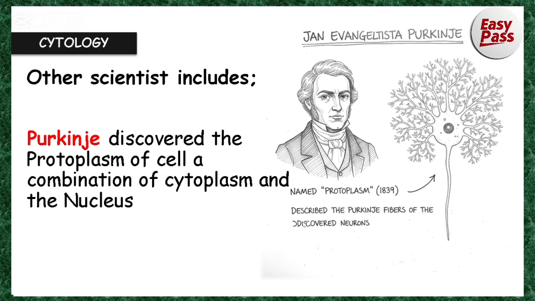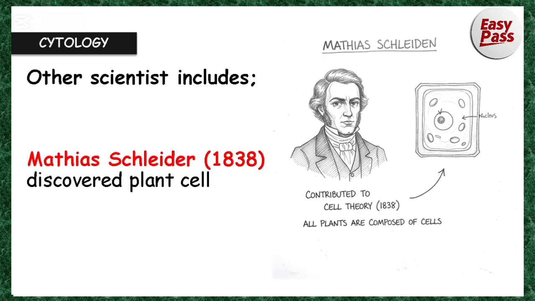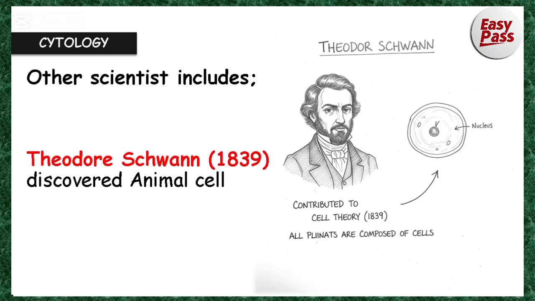As I've said earlier, the protoplasm is the combination of the cytoplasm and the nucleus. Other scientists like Matthias Schleiden and Theodor Schwann discovered plant and animal cells respectively.